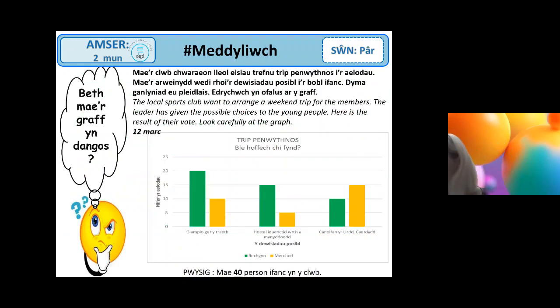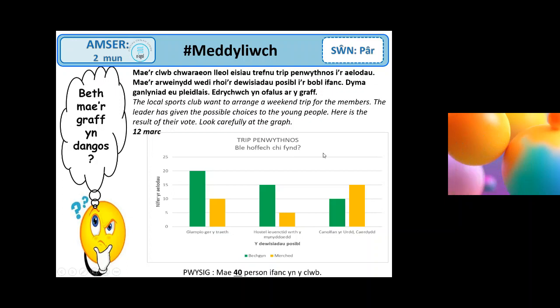Okay, so now we are going to have a look at a graph-based question. I want you to think now, have a think or type in the chat, beth mae'r graff yn dangos? What is the graph showing? Okay, so you have some information on the graph. It says 40 young people. Read the information.